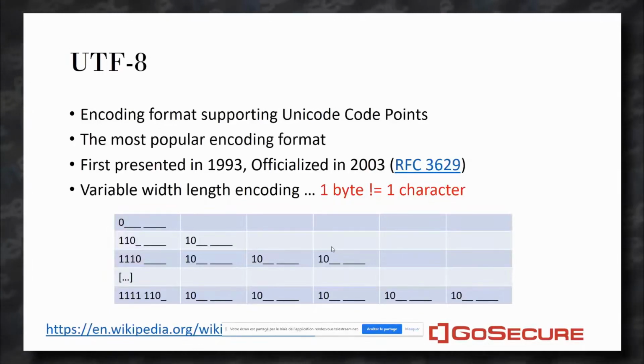But any character that has punctuation, accents, or is in any language other than English will be encoded differently. And the way we know the number of bytes used by each character is that the bits at the beginning of the first byte will define it. For example, for 2 bytes, we'll have 110, and so on up to a maximum of 6 bytes with 6 ones followed by a 0.